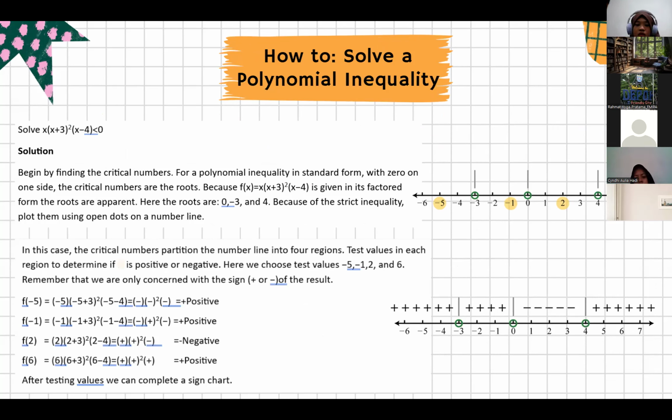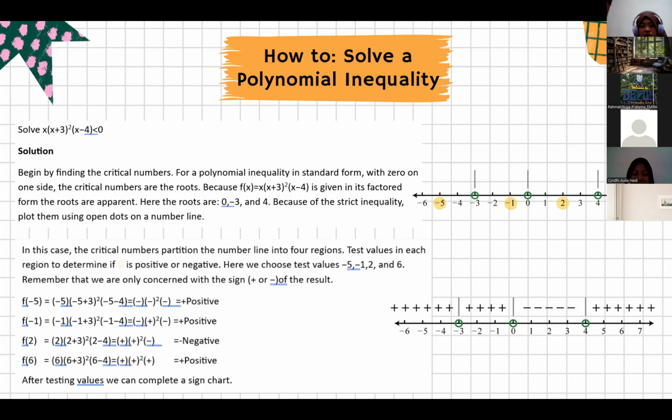First, we find the critical numbers for a polynomial inequality in standard form with 0 on one side. The critical numbers are the roots of the function f(x) when it is factored. The roots are 0, negative 3, and 4. Because of the strict inequality, plot them using open dots on a number line. You can see in the graph on the right side.